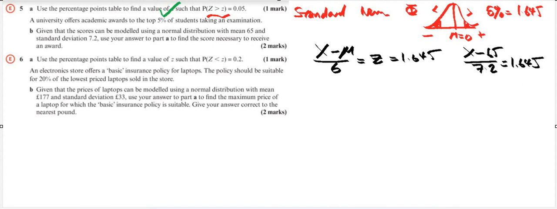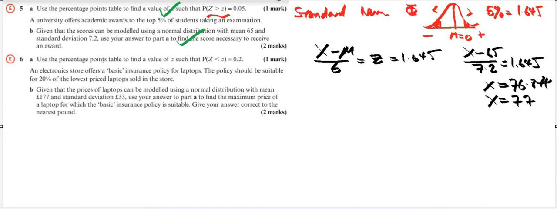So multiply 1.645 by 7.2, add 65, and we find that x is equal to 76.844. So x is equal to a score of 77. And that is that part taken care of.